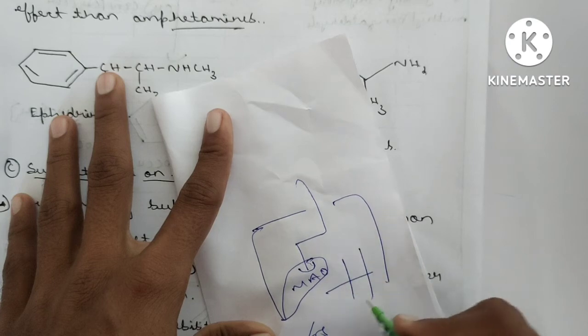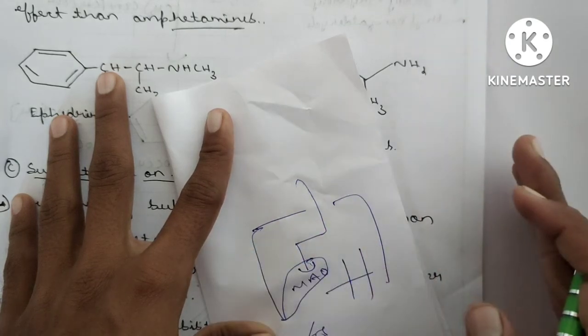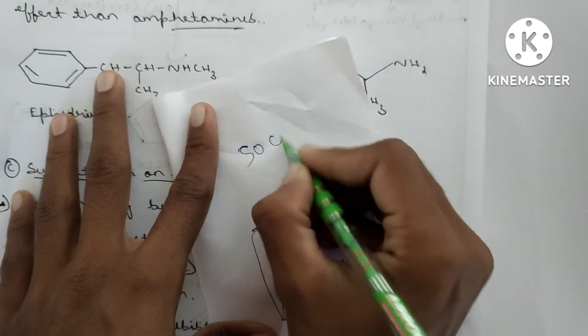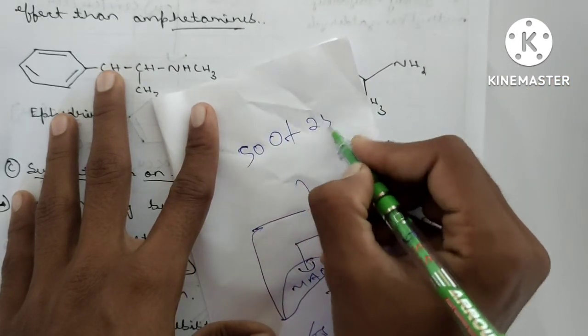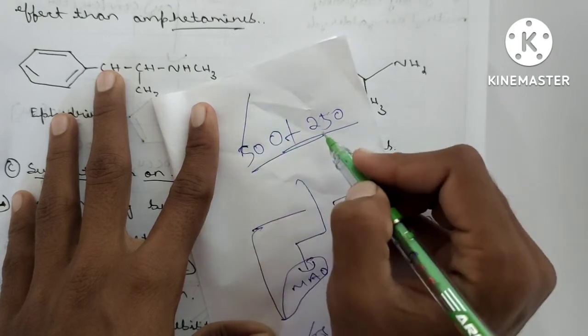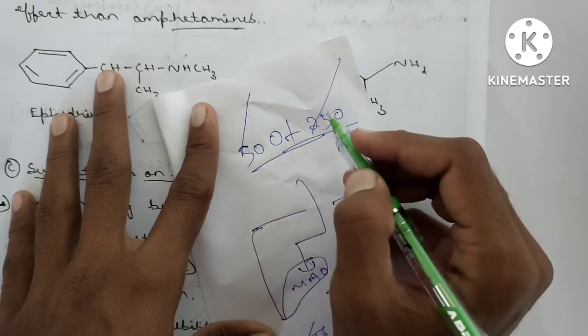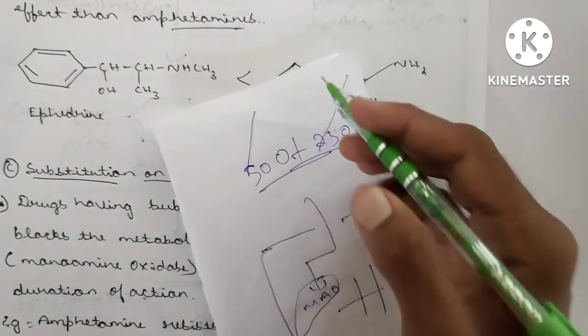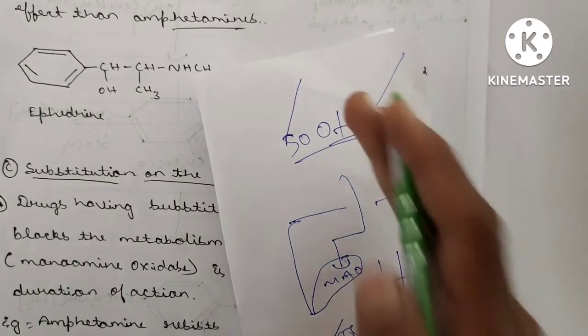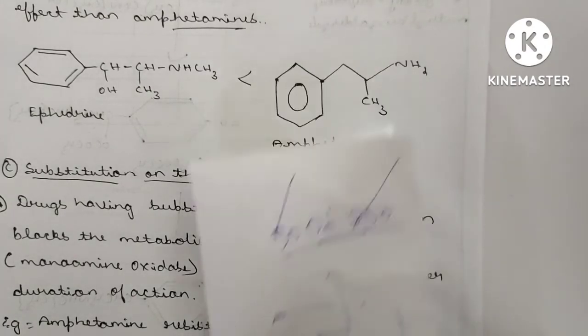It will break down the product. If the product gets broken down, the activity also decreases. For example, a 500 mg tablet gets broken down, meaning it is converted to a 250 mg tablet. Now which one is greater? 500 is greater than 250 mg. Yes, accurate. Now due to the metabolism by this MAO enzyme, the activity of the drug decreases.